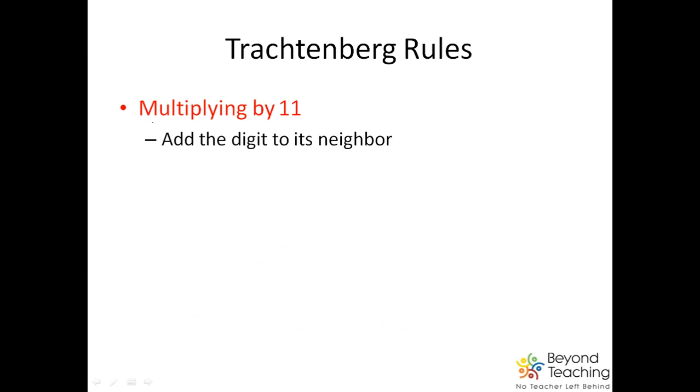Let's quickly try to do some simple stuff here. Multiplying by 11. This is a very common way of doing it, even in Vedic Math or any other system that you would have come across. But the rule that it says is add the digit to its neighbor. So let's do 47 times 11. Neighbor in the Trachtenberg system means the neighbor to the right.